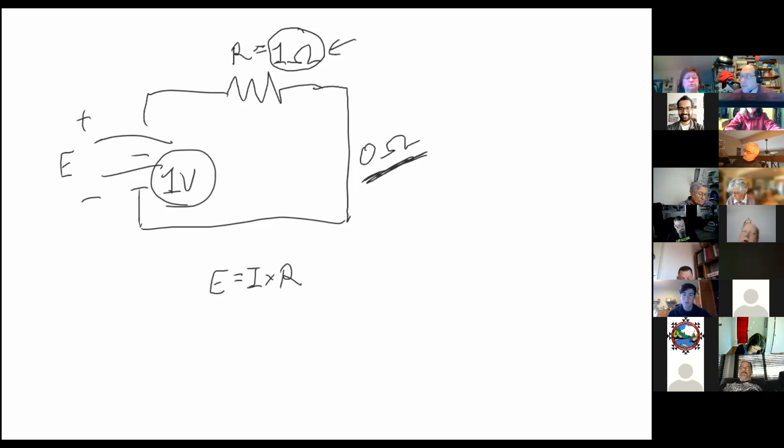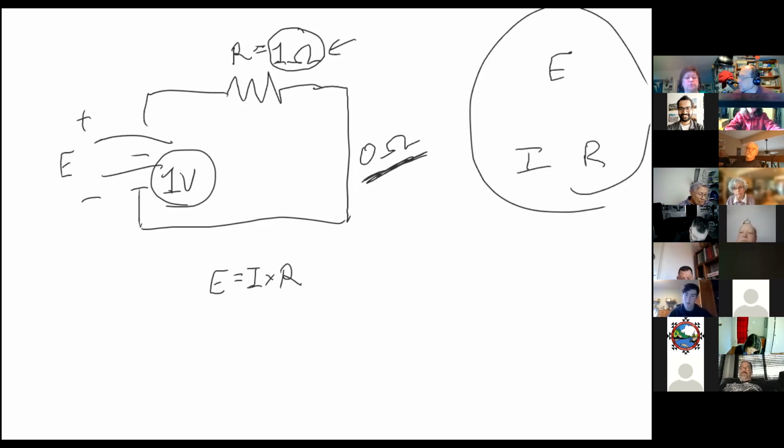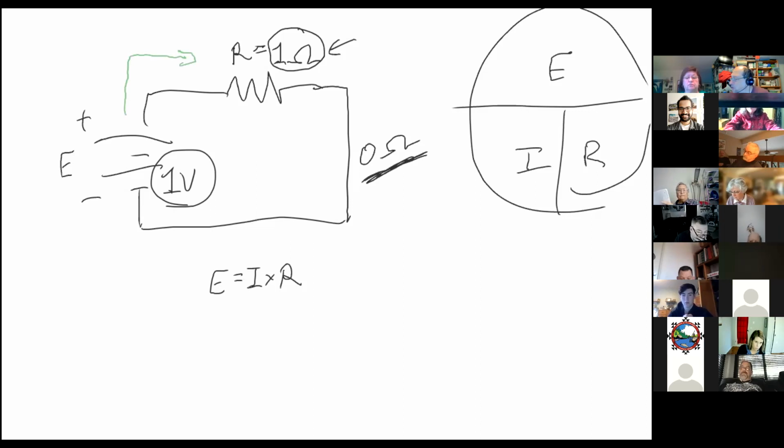We can also take this and make that circle again that we used for the 300 and the F and the lambda. If you're not particularly good at remembering how this thing works, you just have to make that circle. In this case, I'm going to have this battery, and for the sake of argument, we're going to have current flowing out of the positive side through the resistor and back to the negative side.